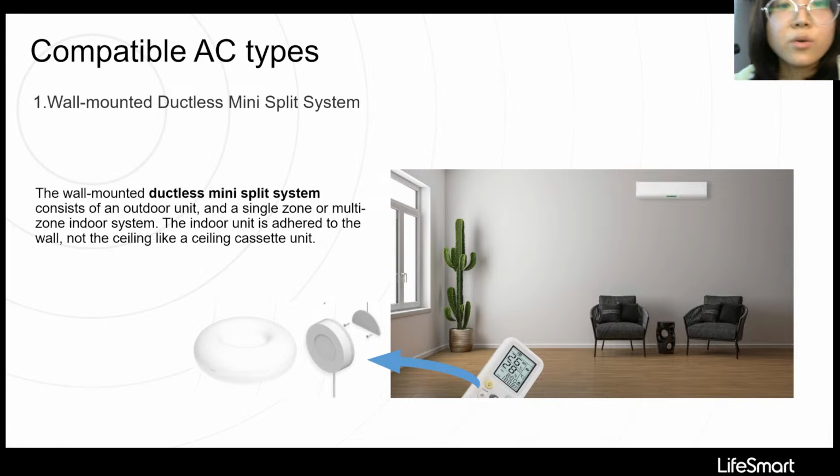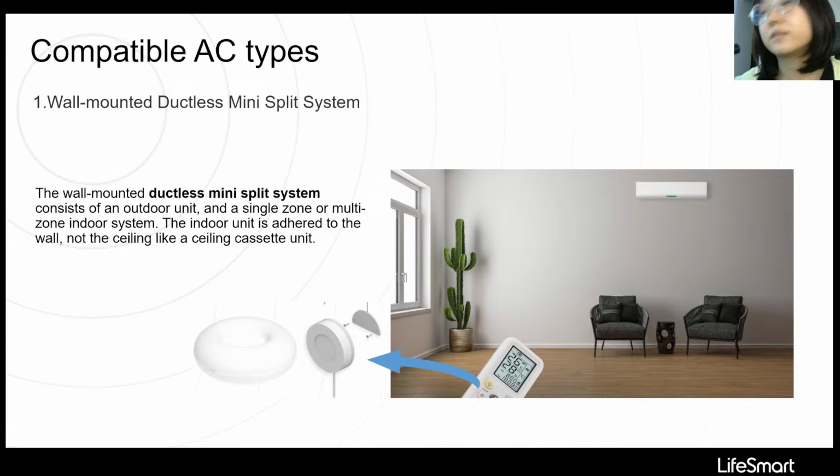Next part, what common air conditioning products on the market might be compatible with the LifeSmart system? The first type, wall-mounted ductless mini-split system. It consists of an outdoor unit and a single zone or multiple zone indoor unit.